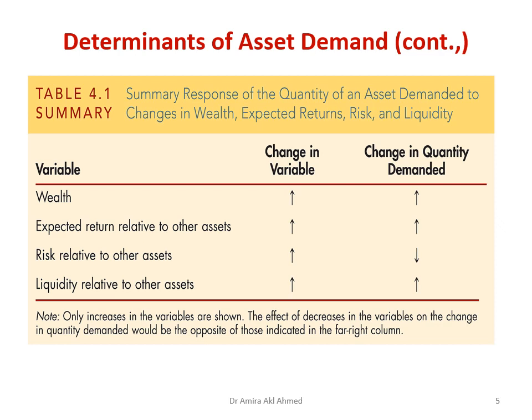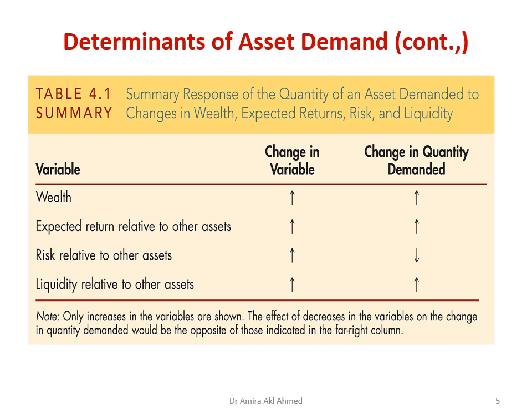Now, let's briefly discuss how these factors affect the quantity demanded of an asset. Table 4.1, which is displayed in the current slide, summarizes responses of quantity demanded due to changes in these factors.